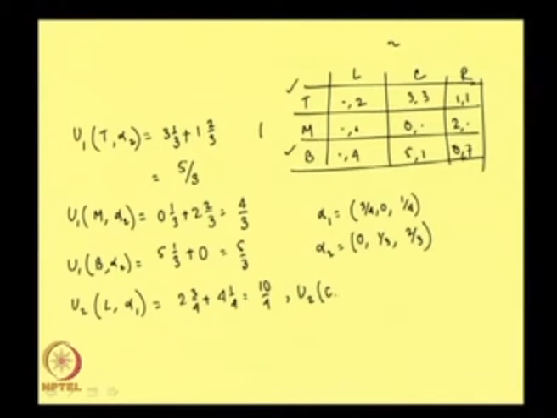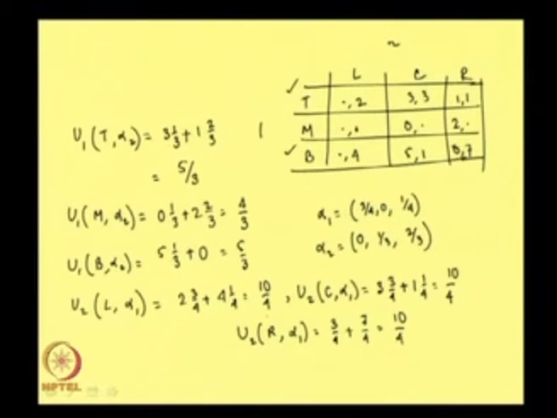If he plays C, then he is getting 3 with probability 3 by 4 and 1 with probability 1 by 4, which is again 10 by 4. And finally, if he plays R, then his expected payoff is 3 by 4 plus 7 by 4, which is again 10 by 4.